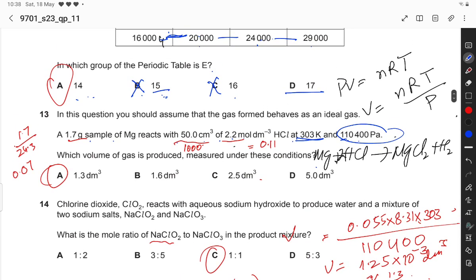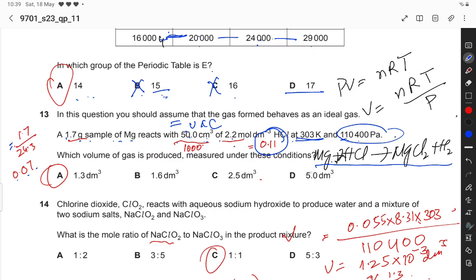So we have this reaction of magnesium, and we have two quantities. The 1.7 gram sample of magnesium, so calculate the moles of magnesium. We have 0.07 mole. And the moles of HCl is the volume times concentration, 50 divided by 1000 because the volume is in centimeter cube. The moles are 0.11.